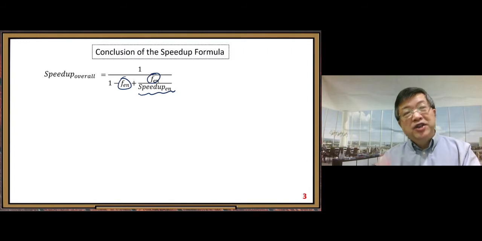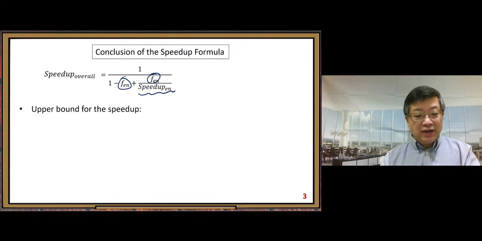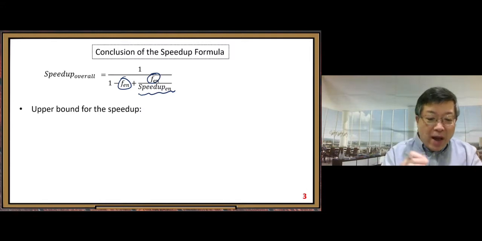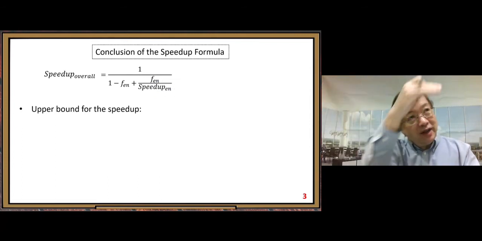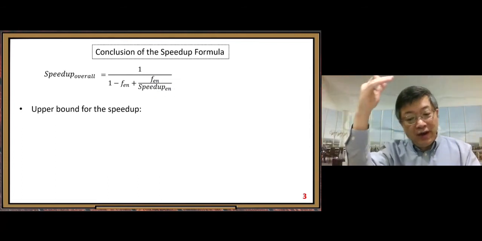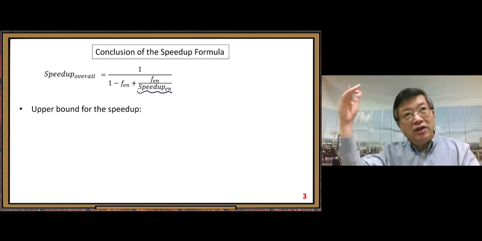There is a simple observation. The observation is very simple, but it is very powerful. Here I want to talk about that. Let us look at the upper bound for the speedup. If you look at this formula, Fen you can change, right? And also the local speedup can also change, right?